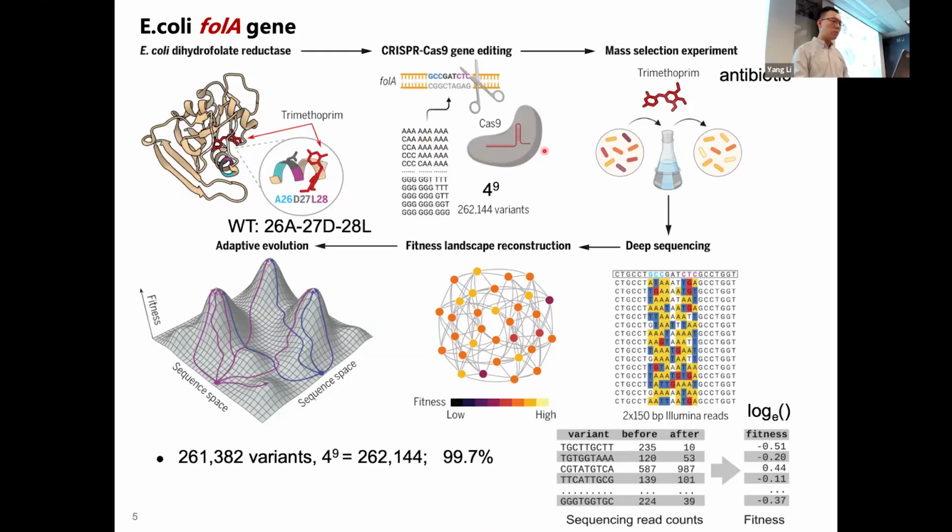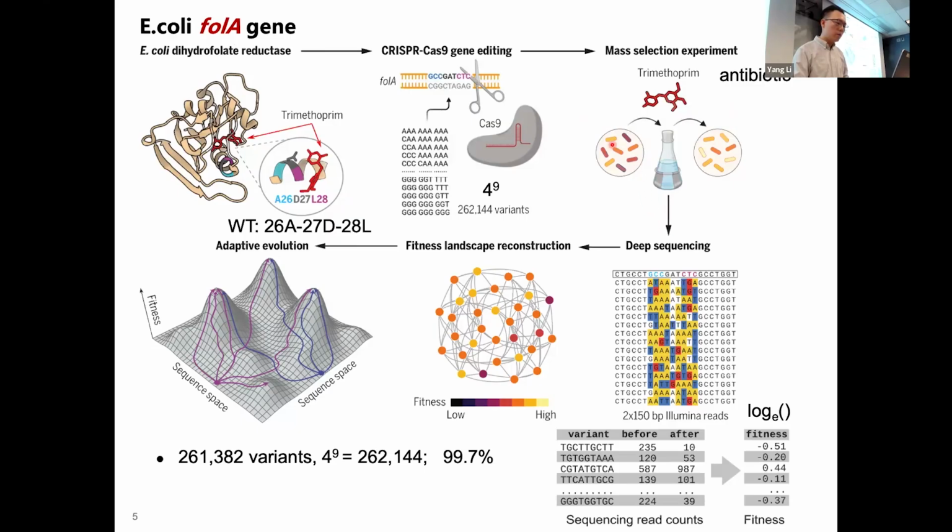After you create this library, we could use mass selection experiments in an antibiotic environment to select which genotype or which variant is favored or is more helpful for living in the antibiotic environment.